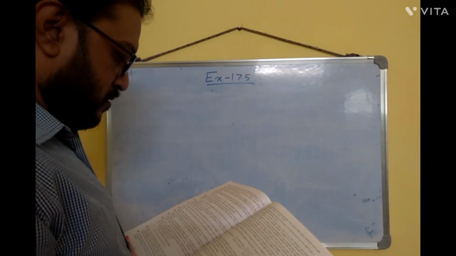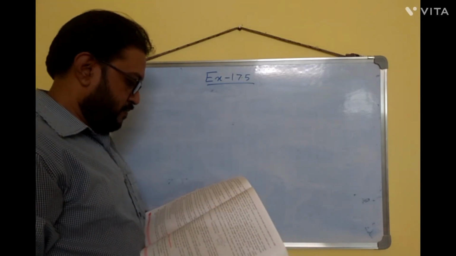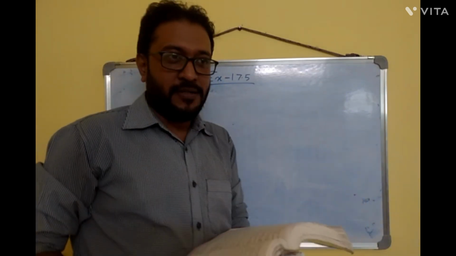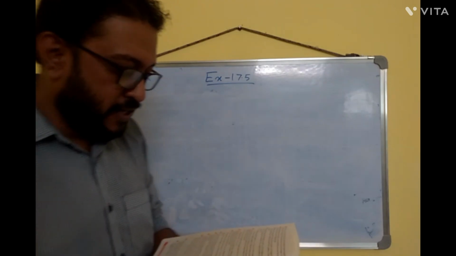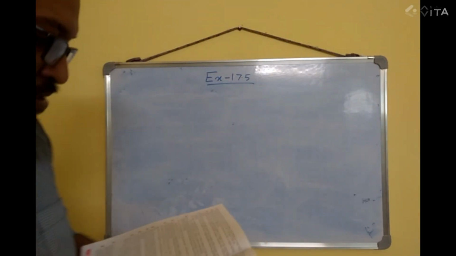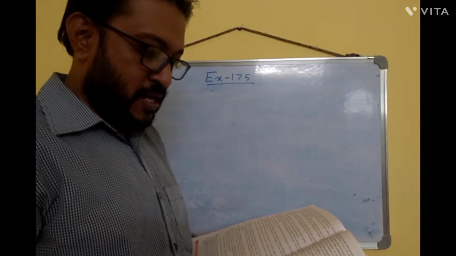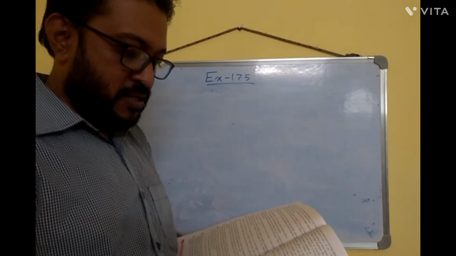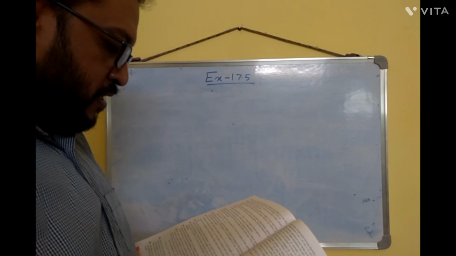Let's have a big maths. Maths number 13. It's a big one, though it looks small. A hollow sphere. Mind it, I am having a hollow sphere now. There is a hollow sphere having internal and external diameter of 4 centimeter and 8 centimeter respectively.